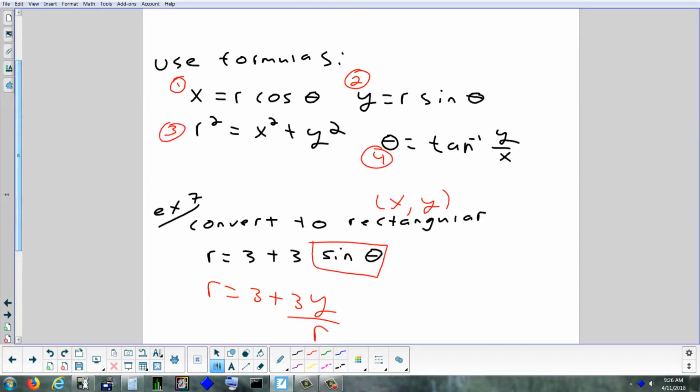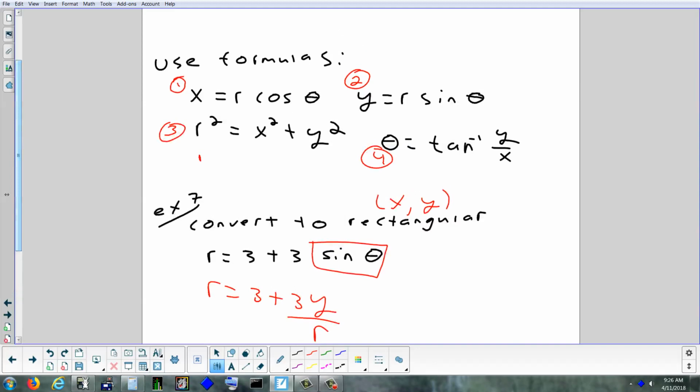Well, what formula could I use to substitute in for r that would give me x's and y's? Yep, you could use formula 3.